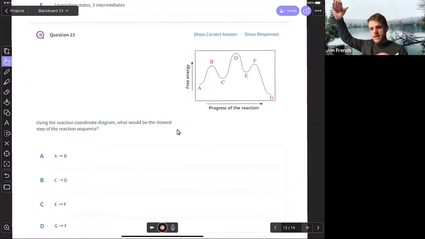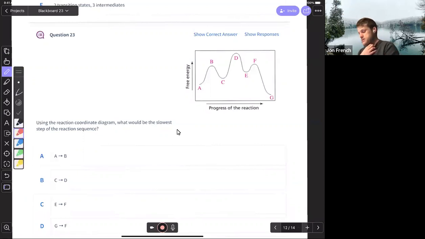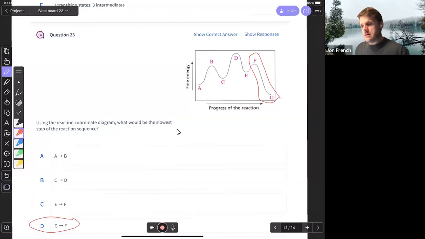The steepest hill in that reaction is the slowest step. It's going to take a lot more energy to get to the top. So the slowest step of this reaction is actually in the reverse direction, right? From G going to F is the slowest step in the reaction. So that's choice D for question 23.